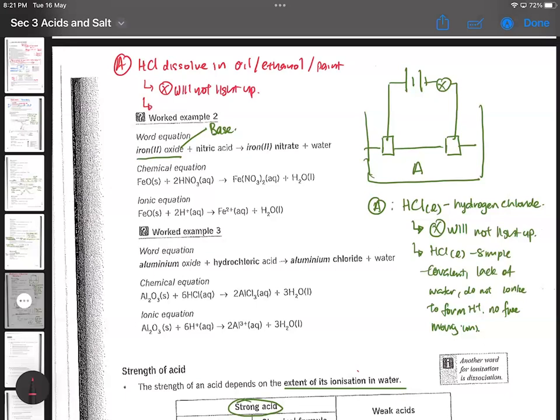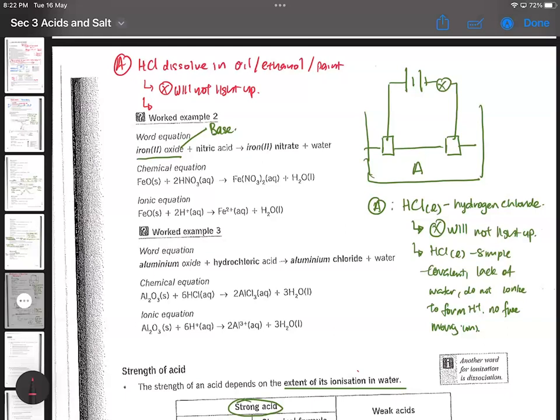Is it lack of water also? Same thing, you're right. The question can throw you off by saying you dissolve in anything else. Some students get caught when they see dissolve, and straight away say it can conduct. But the fact is, you need to specifically dissolve, and it must be in the aqueous state. Yes, Clarice, you're right.